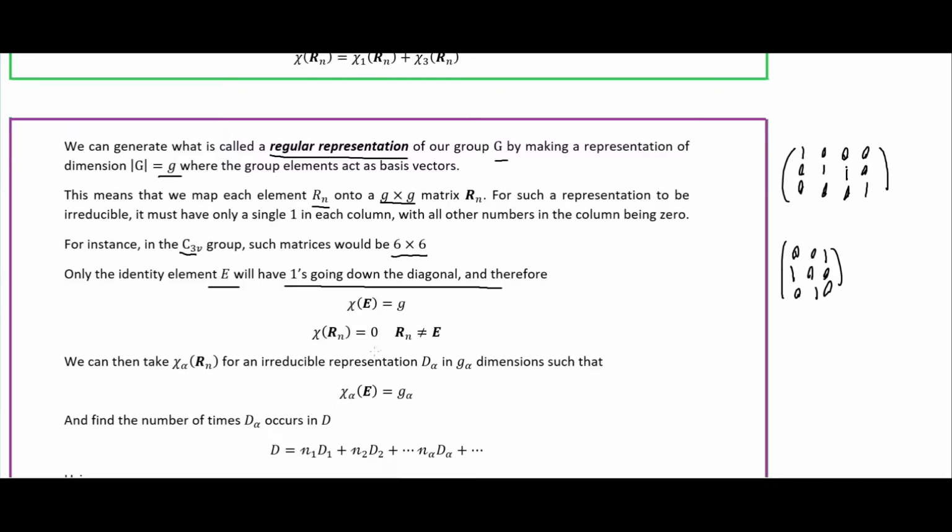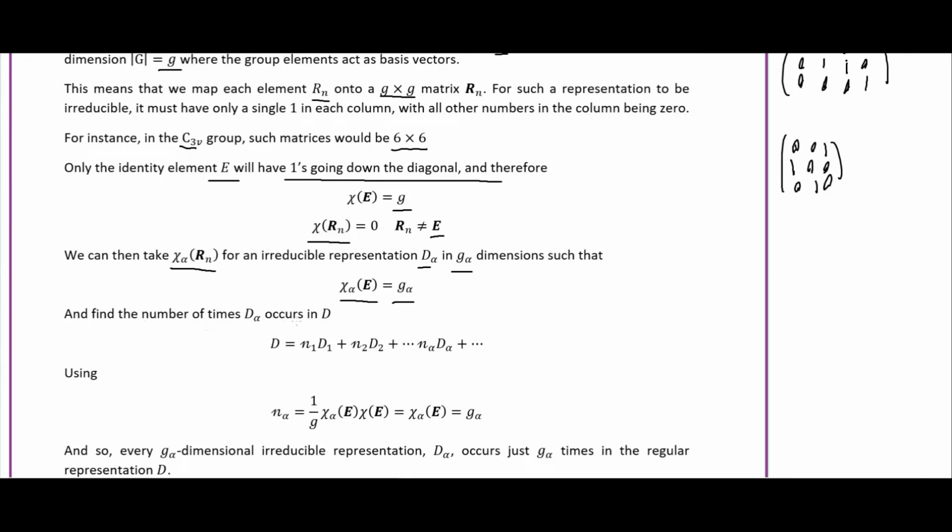And so the character of it will be equal to the order of the group, and the character of anything else that's not equal to the identity element is equal to 0. And so we can take this chi sub alpha here for an irreducible representation d alpha that has g alpha dimensions, such that the character of its identity will be equal to its dimensionality. And the number of times d alpha occurs in our regular representation d will be the direct sum like this.